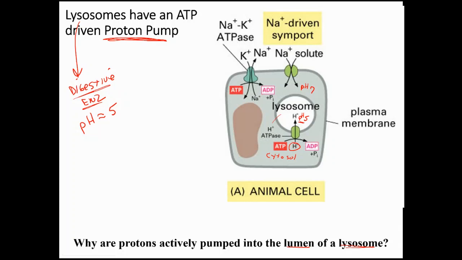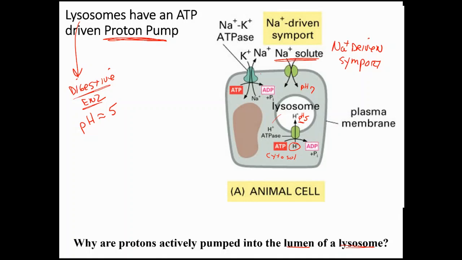Okay, here we are talking about using a sodium-driven symport, to let sodium come in down its electrochemical gradient and bring whatever that solute is, whether it's glucose or something else, in against its concentration gradient.